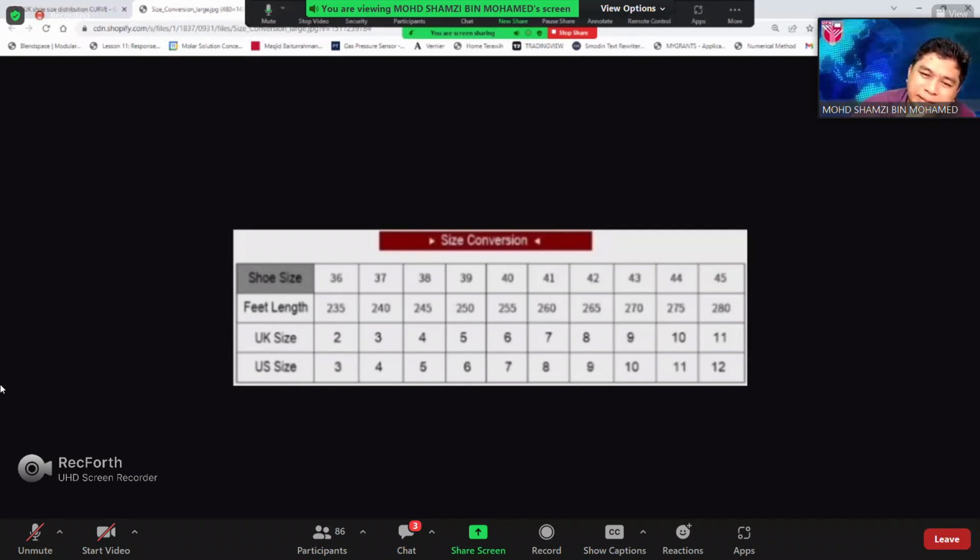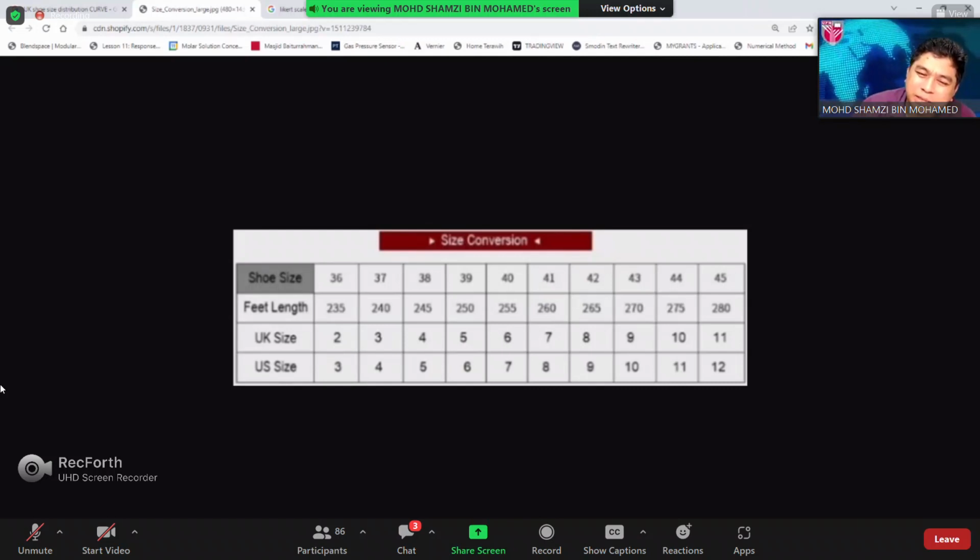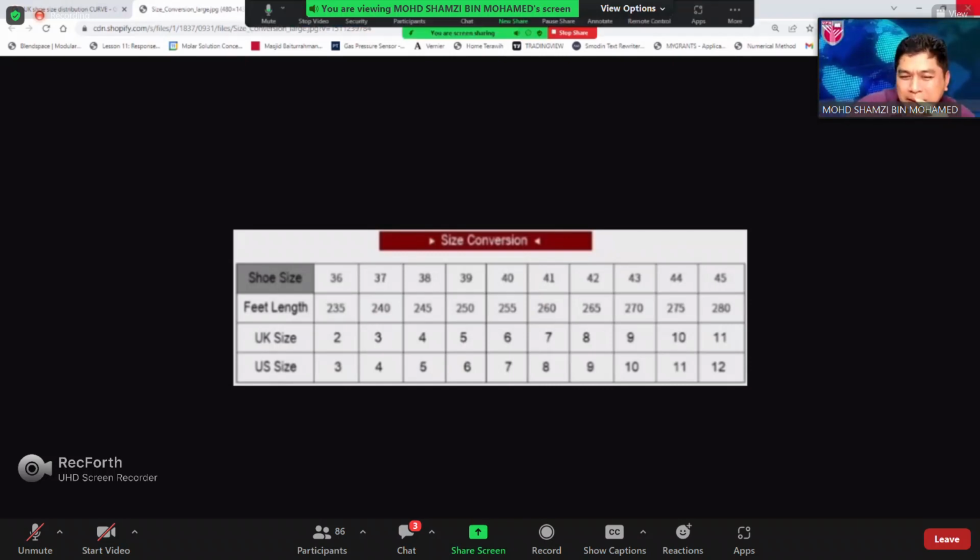Now, if you think Malaysians follow a normal distribution, what should most of your foot sizes be? Looking at UK size, most of your feet should be at what size? 6, 7. 6.5. Right? There are halves.